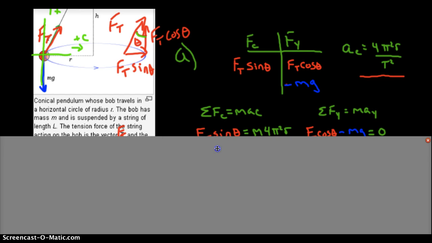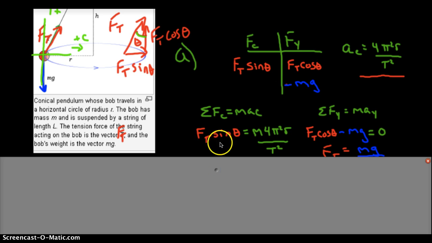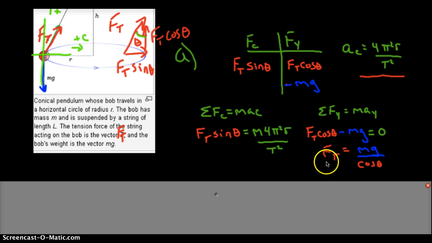We would have F_T sine theta equals m times 4 pi squared r over T squared, the centripetal acceleration, a_c. In the other direction, we're not accelerating up or down, so the sum of these forces is just equal to 0. This gives us an expression for the tension, which would be mg over cosine theta, which you could substitute back into the problem right over here.